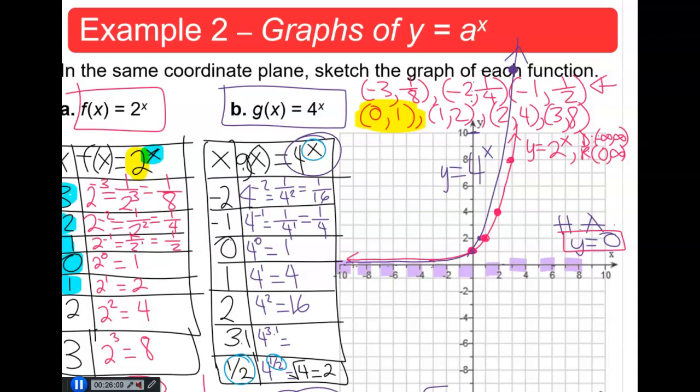When they have the same x value of 1, 2 to the x is equal to 2, and 4 to the x is equal to 4. More evident when x is equal to 2. 2 to the power 2 is 4, and 4 to the power 2 is 16.